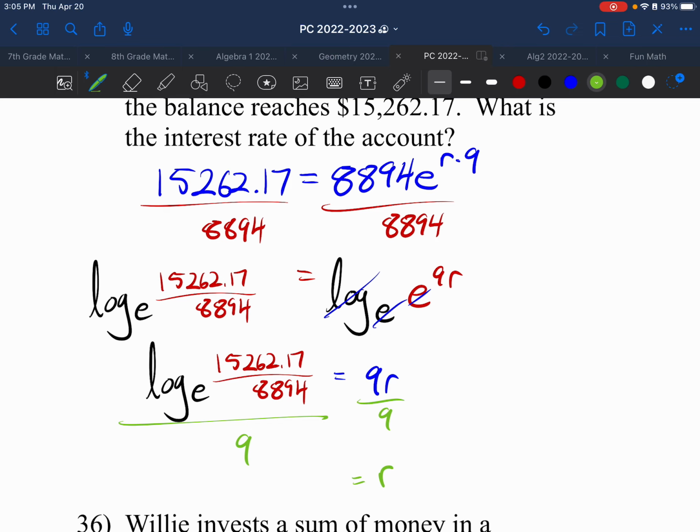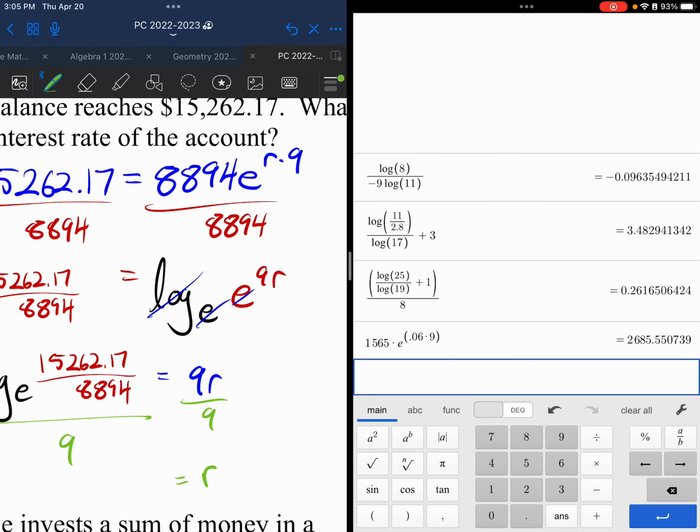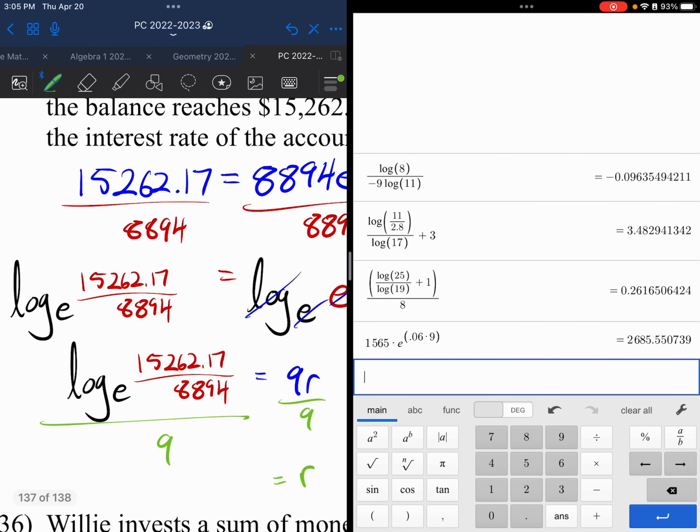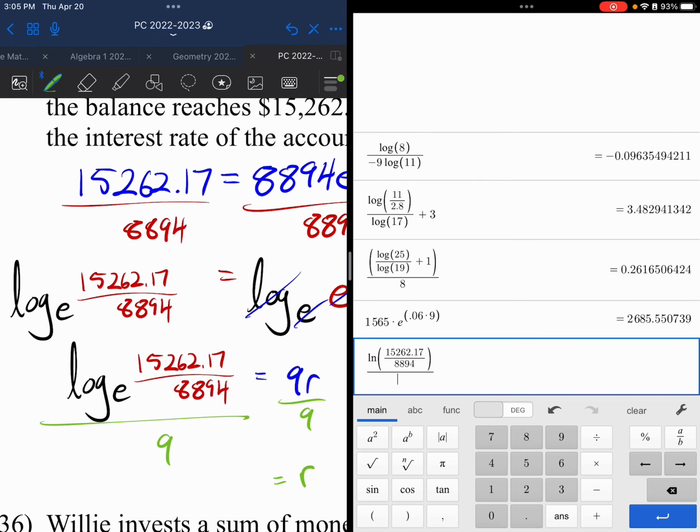And remember, log base e is the same thing as natural log, so I don't have to do a change of base formula. Calculator, please help me out. I'm going to start by typing in a natural log, 15262.17, that's on the inside divided by 8894, and that whole quantity is divided by 9.